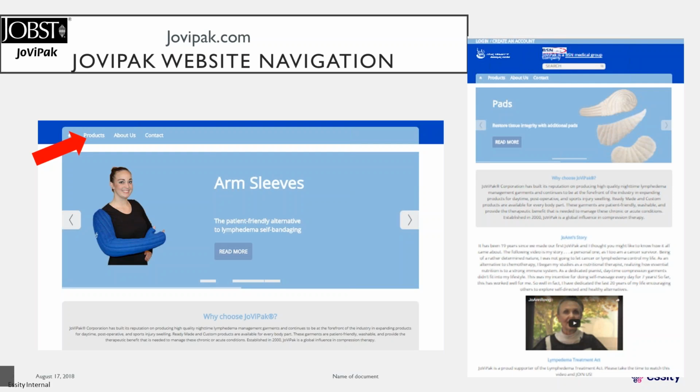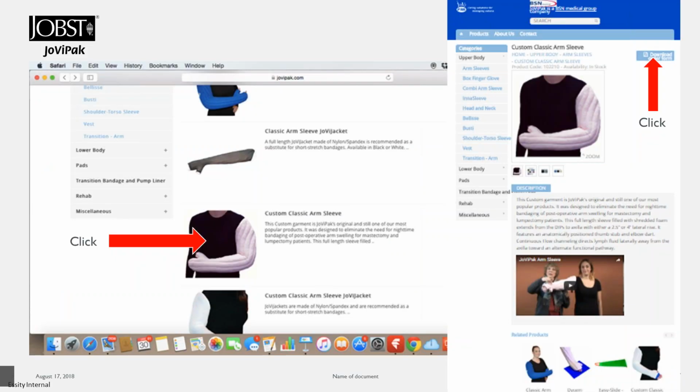Basically, I just want you to know, in terms of the JoViPak website navigation, how to access the product and how to get order forms. Once you go to JoViPak.com, please look for products, and it is designated here with the red arrow. Progress through the products list, and it is divided between upper body and lower body.